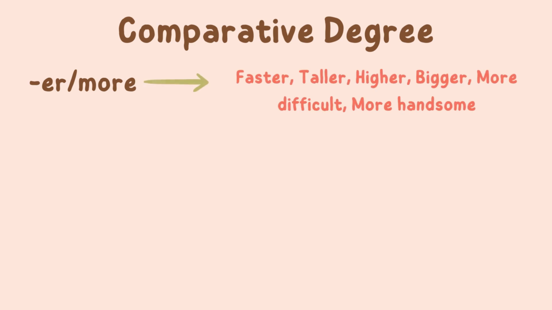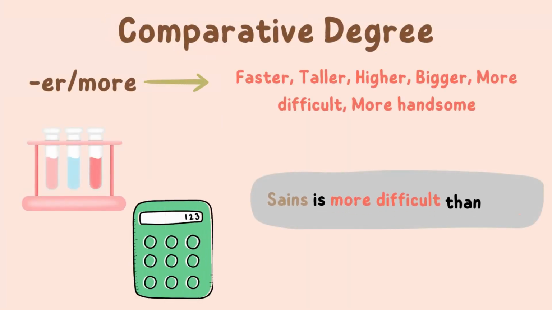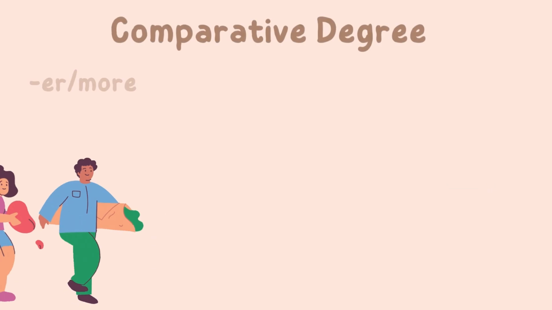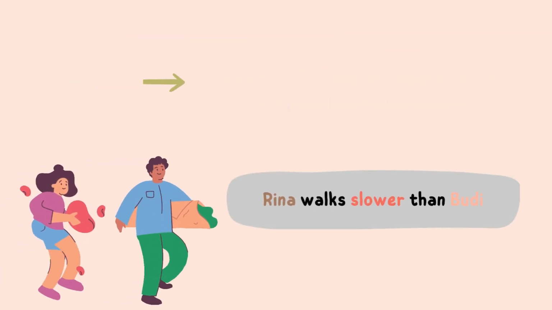Examples of words are faster, taller, higher, bigger, more difficult, and more handsome. We will compare hotel and house sizes so we can say, hotel is bigger than house. Next example is, science is more difficult than math. And the last example is Rena walks slower than Booty.